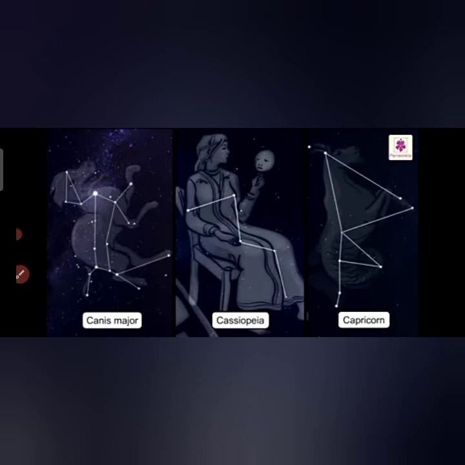Lastly, constellations. A constellation is a group of stars that seem to form a pattern or shape in the sky. On a clear night, we can see constellations. Ancient people had named these constellations after animals and mythological characters.